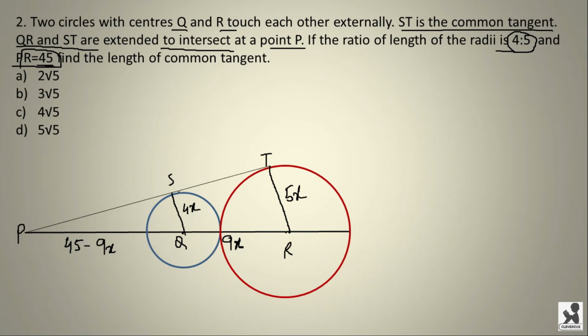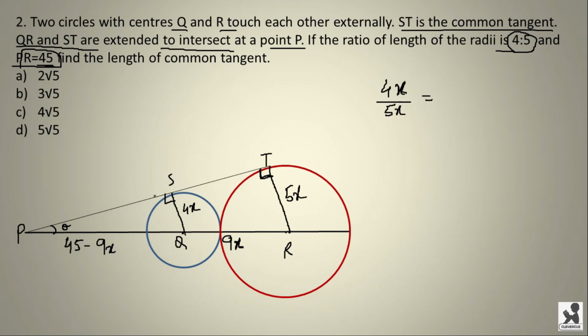Let us see. This angle is 90 degrees because this is the tangent, and this angle is also 90 degrees, for the same reason. Now let us consider this angle as theta. Now in the smaller triangle, the side opposite to theta is 4x, and in the bigger triangle it is 4x plus 5x.